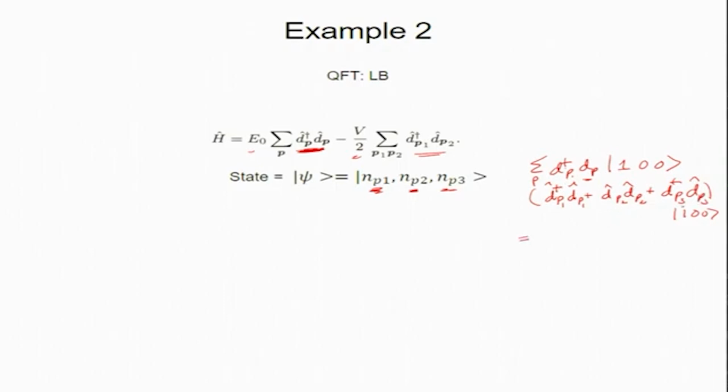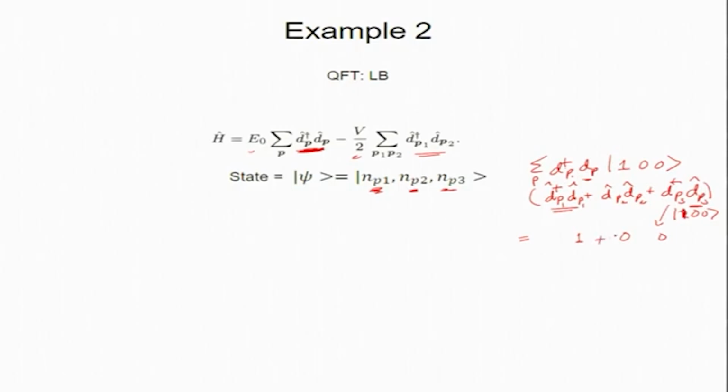So what does this do? D P3 on 0, there are 0 particles, so this is 0. Second one 0, the first one 1. In fact, these are number densities. So 1 particle will give 1. If there were 2, it would have given 2.